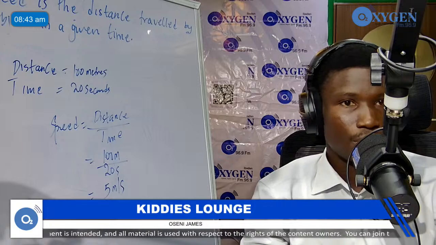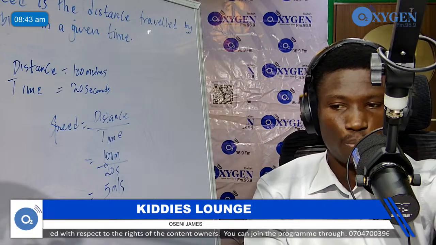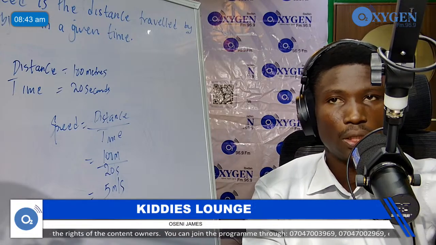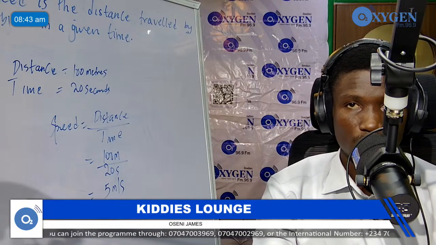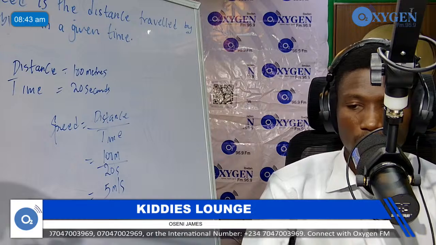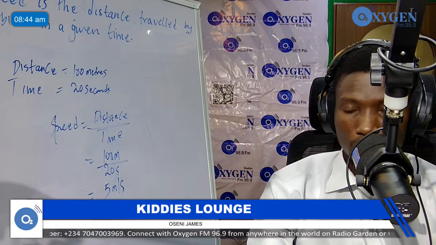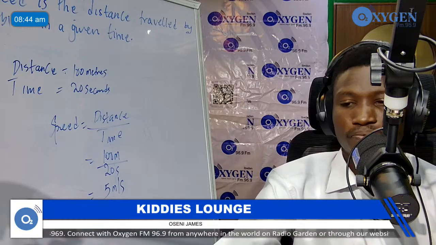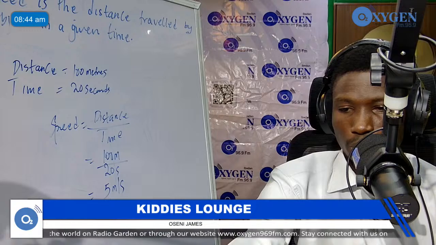And we talked about the formula for calculating speed: speed is the distance covered divided by time. Then the unit of speed. The two units of speed are meter per second or kilometer per hour. And we solved three questions on the examples here.